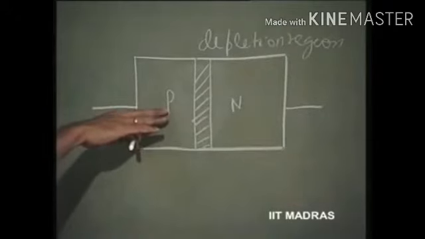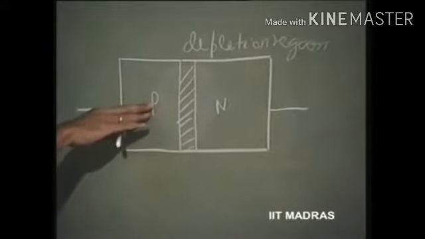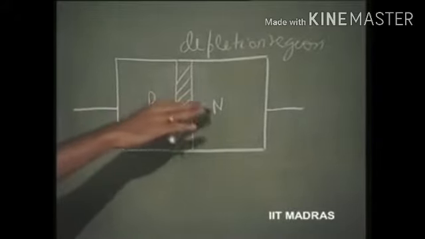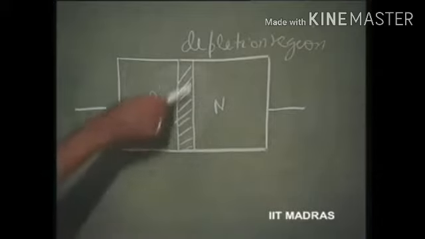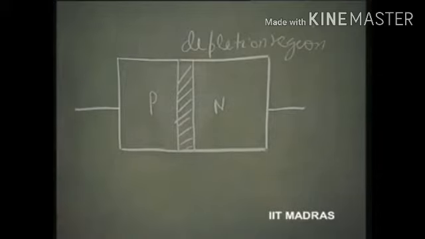The p side comprises free carriers which are called holes, the n side comprises free carriers which are called electrons. Since they are free carriers, the moment they are brought together and the junction is formed, they have a tendency to merge with one another. A hole has a tendency to merge with an electron and vanish. Then this region at the junction becomes free of carriers.